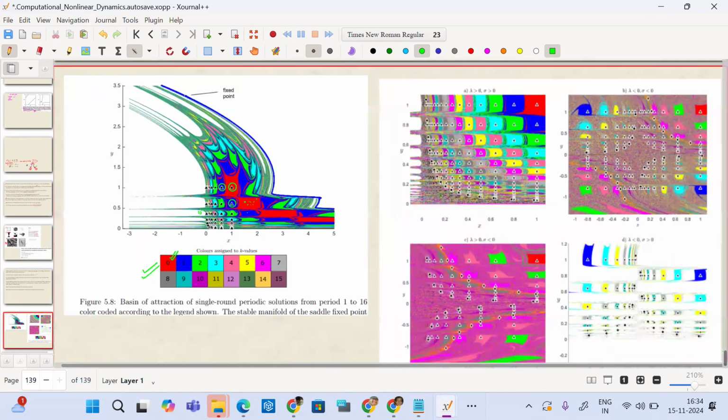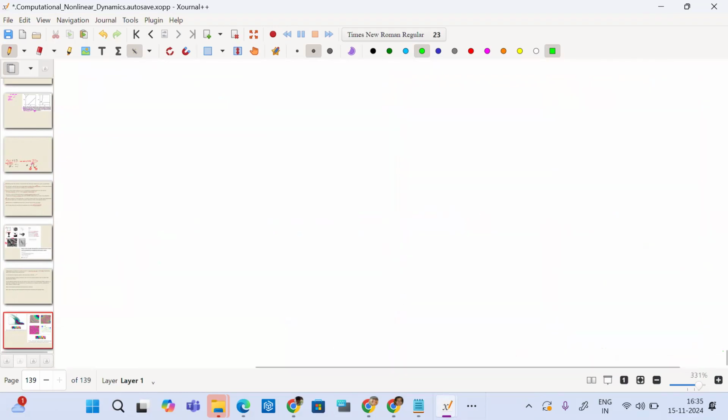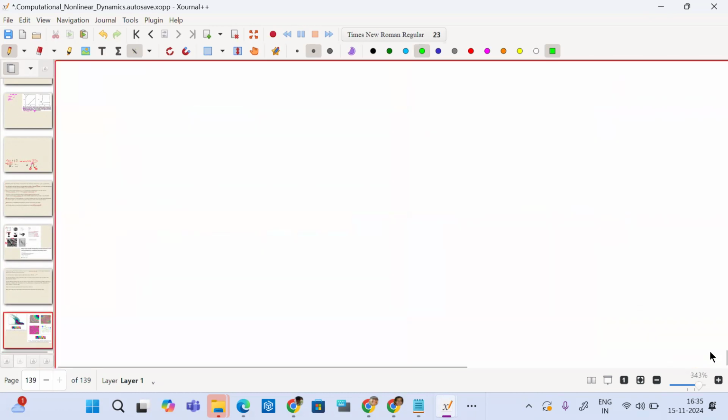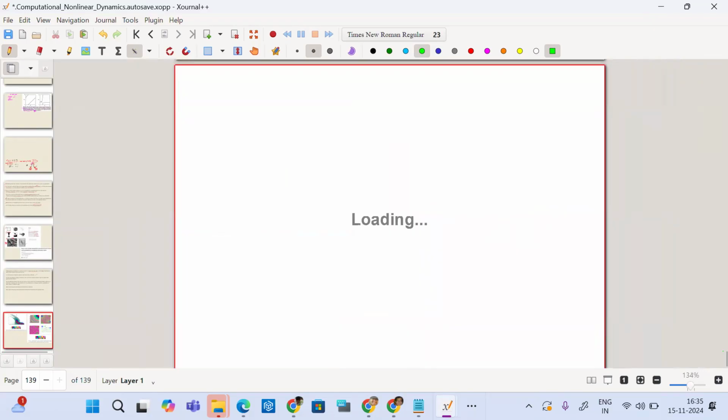Like that, you can have multistability, and I have shown the zoomed part of this image here. The zoomed versions are shown here. You can see how regularly they are distributed, but they are quite interesting.